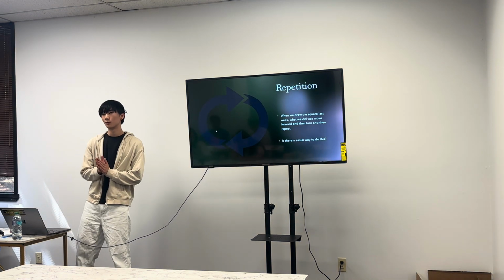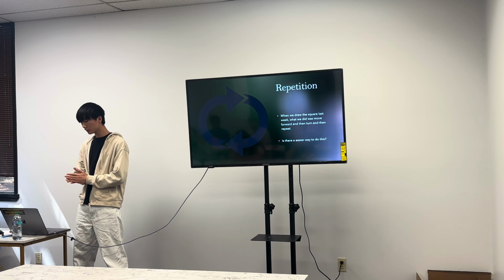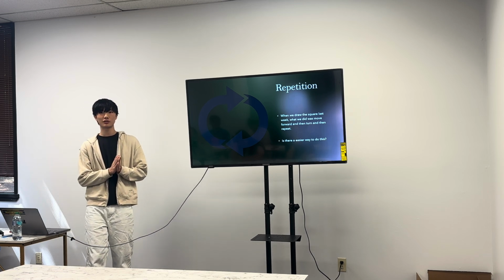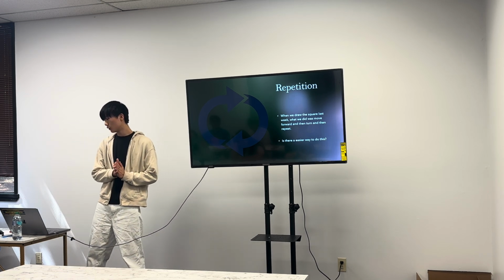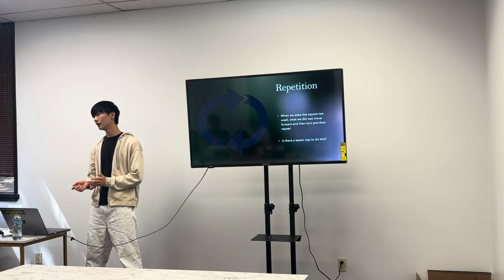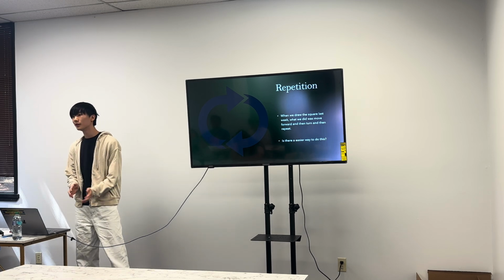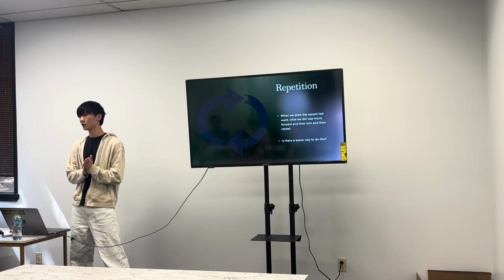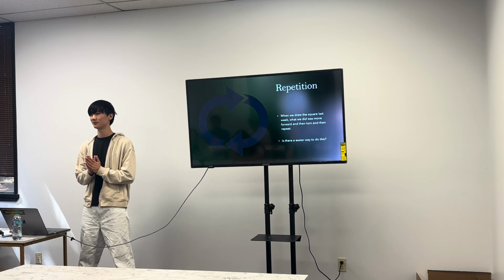So today we're gonna learn about loops and variables. So first, when we drew the square last week, we noticed that we had to move forward, and then we had to turn, and then we had to move forward again, and then turn, move forward, turn, and then move forward. Does anyone know an easier way we can do this with less steps?